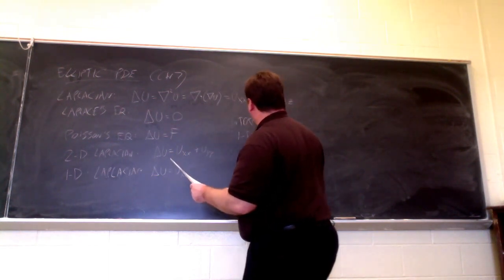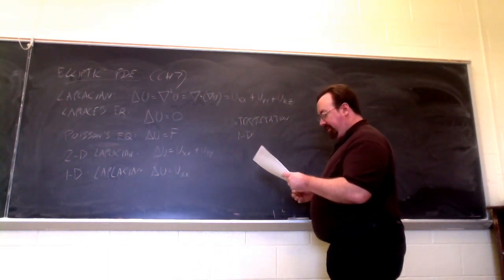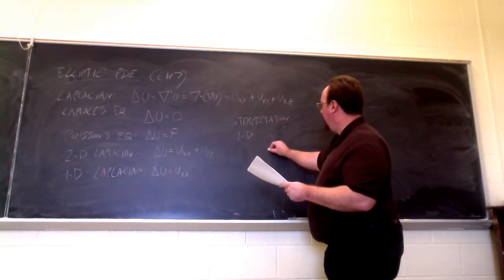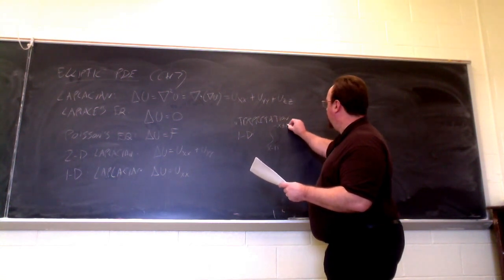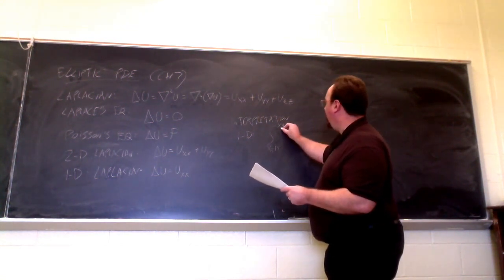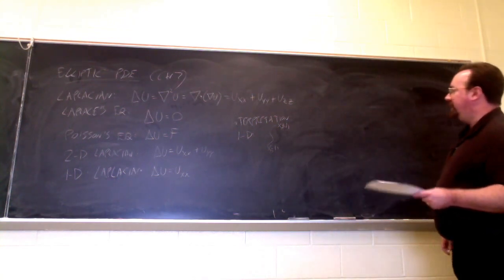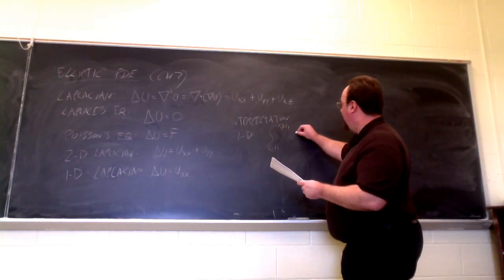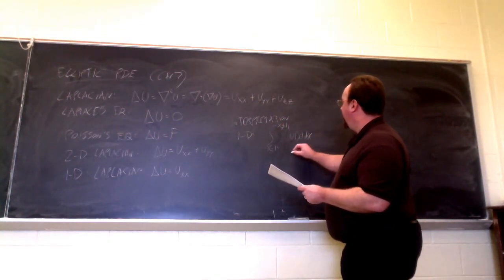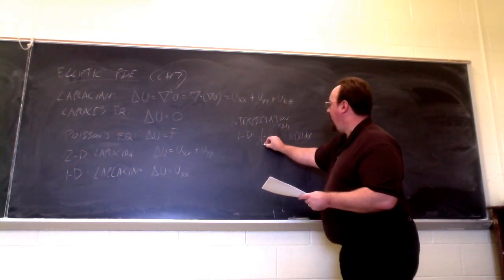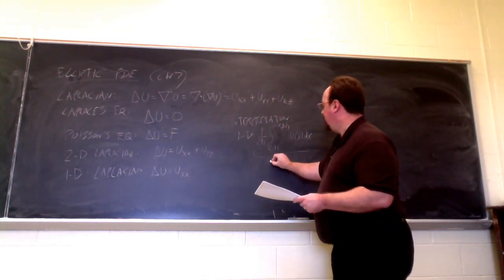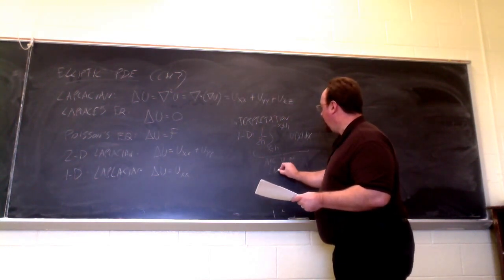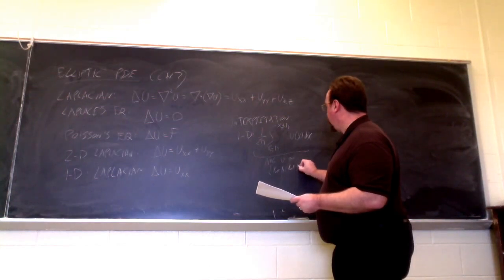So the 1D case is worked out in the notes. If I look at the integral over an interval centered at x naught with a radius of h, so I'm integrating from x naught minus h to x naught plus h of u of x dx, and I'm dividing by 2h, so this is the average of u on the interval from x naught minus h to x naught plus h.